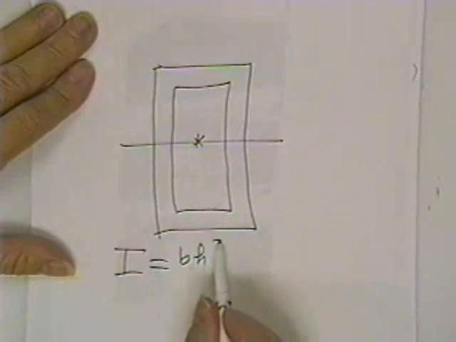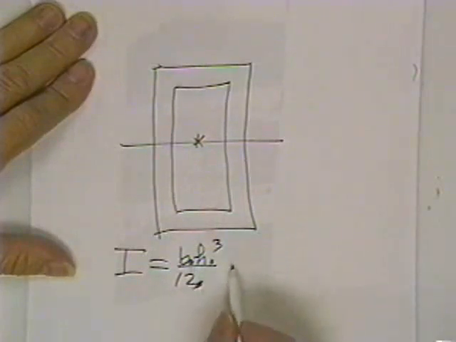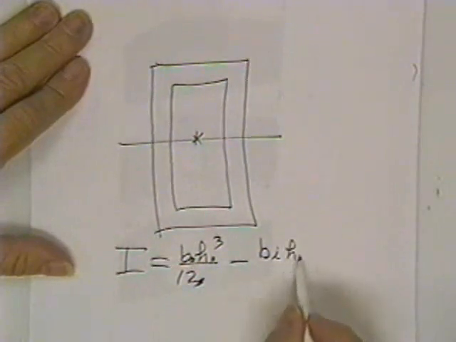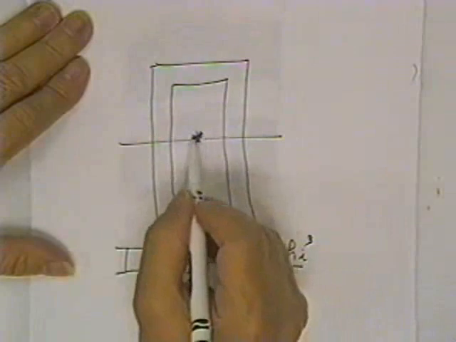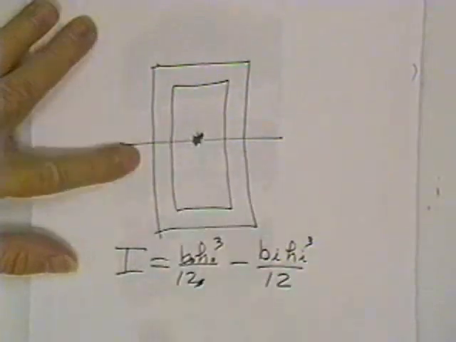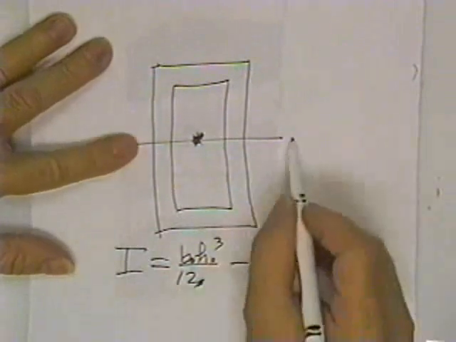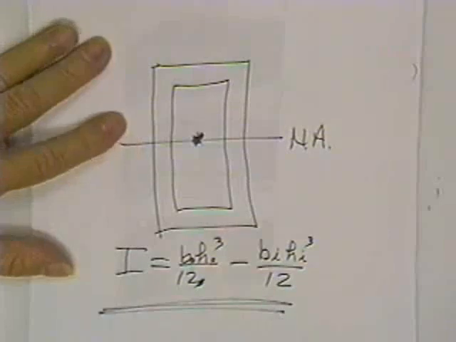That would be B H cubed over 12 for the outside square. Minus B inner, height inner, cubed over 12, because it's a missing piece. Its centroid is also right on the top. Neither of them has any transfer moment of inertia, because they live right on top of the neutral axis, and therefore this is the answer.